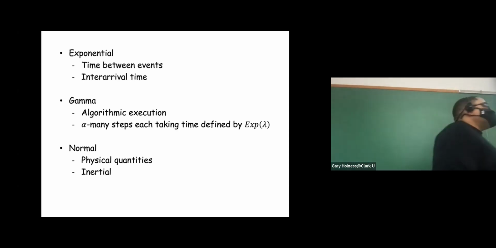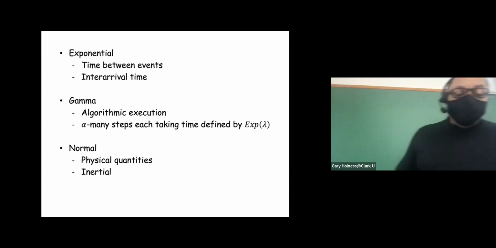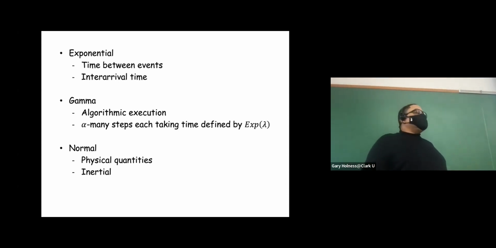And so anything that talks about time is well modeled or described by an exponential distribution. The gamma is a sequence of these exponentials, and it's for any type of system that can be represented as a set of alpha many steps, each of which takes some time, governed by parameter lambda. And you might ask yourself, why don't I just use a single exponential?